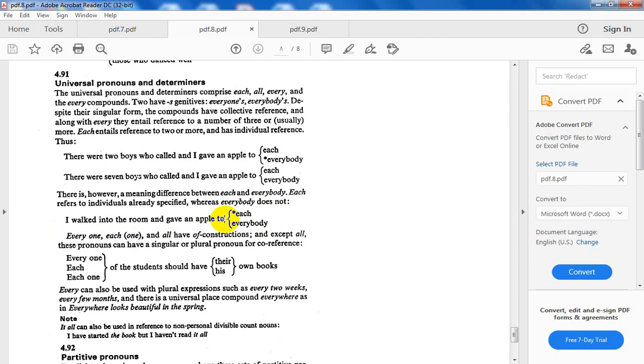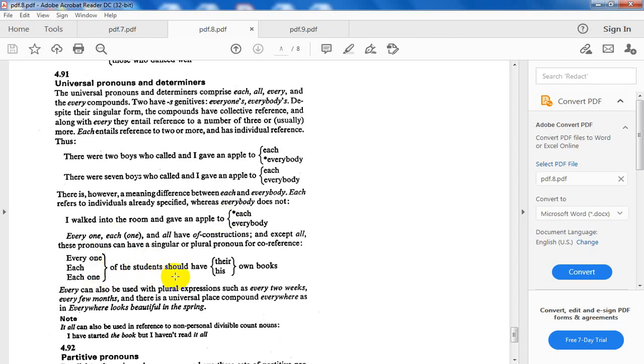Everyone, each one, and all have of-constructions, and except all, these pronouns can have a singular or a plural pronoun for co-reference. Every one of the students should have their own books. This is co-reference.